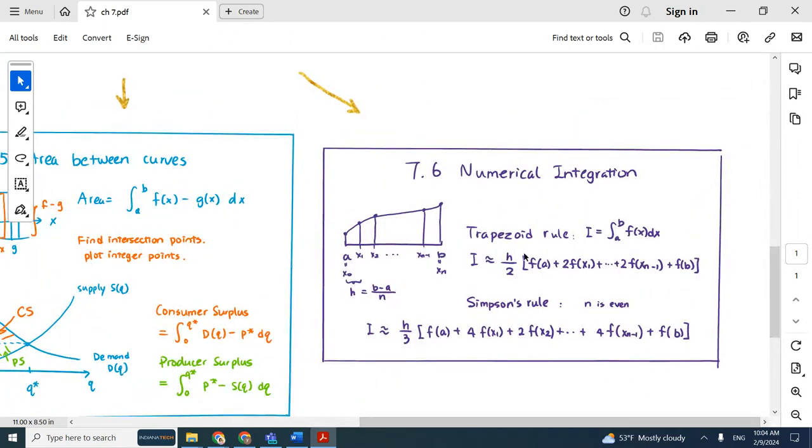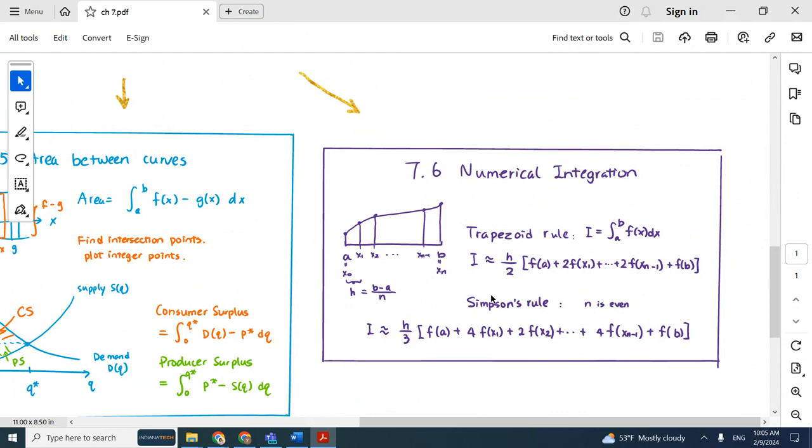So two rules: trapezoid rule and Simpson's rule. How do we remember? You have the interval from a to b, and we cut it into n subintervals. The a is also x0, and the b is xn. The h is the step size, the difference between two points, right? So you can use x1 minus a, or you can use b minus a and then divide by n.